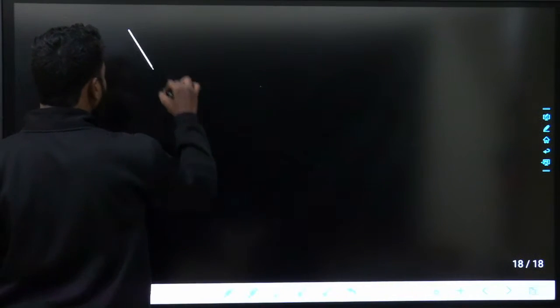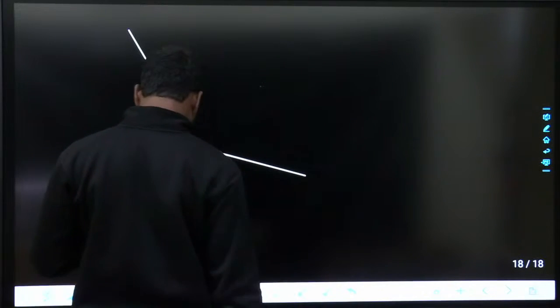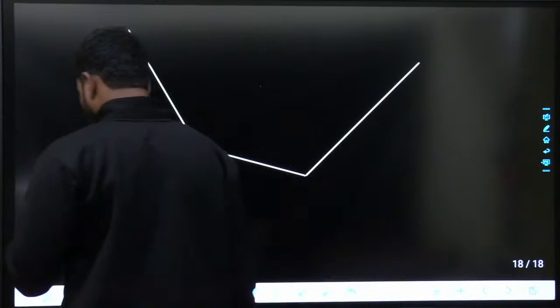These types of questions were solved in the class itself. Anyway, there is a cable like this, and another cable like this, and then there will be a cable like this. Fine.